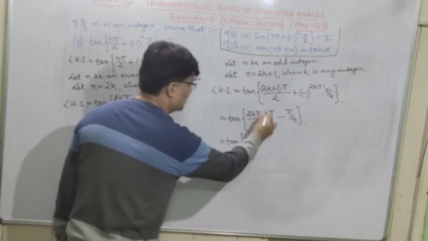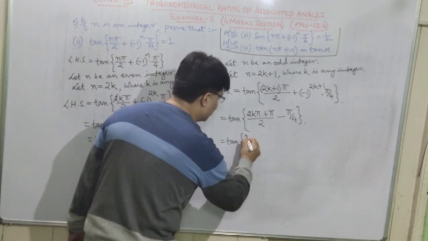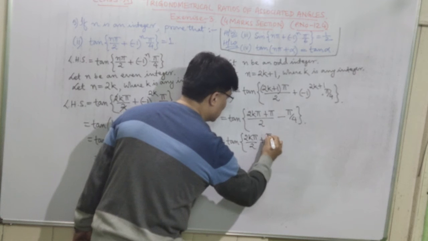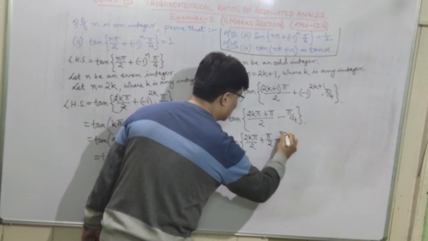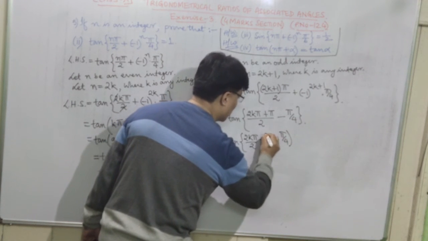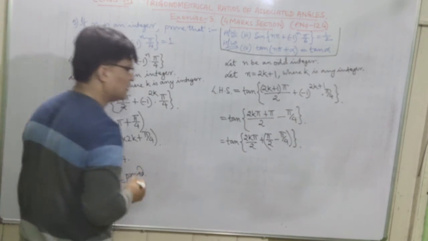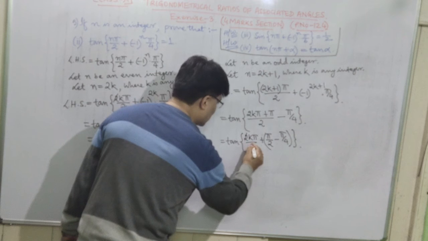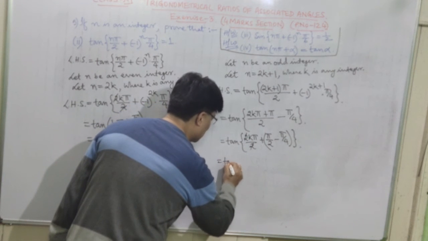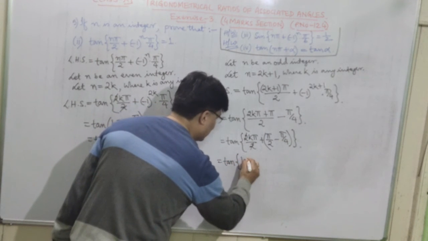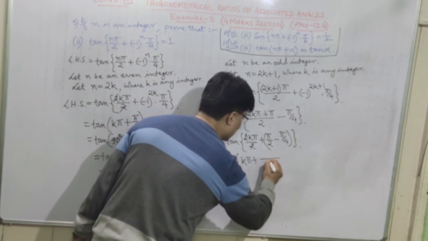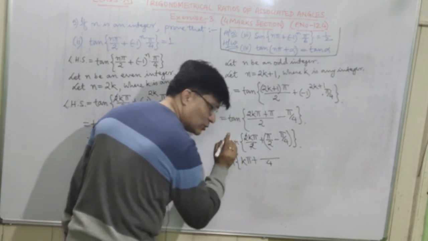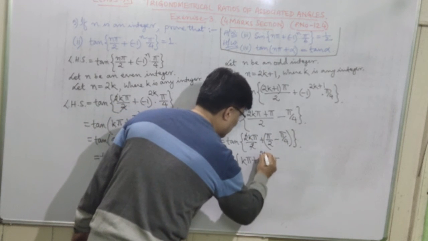Tan, let us separate the terms here. We can separate the terms as 2k pi by 2 plus pi by 2 minus pi by 4. Let us put pi by 2 minus pi by 4 within a bracket. So here the 2 gets cancelled, which is equal to tan within second bracket k pi plus, what's the LCM here? 2 and 4, LCM is 4. 4 divided by 2 is 2, 2 multiplied by pi is 2 pi.